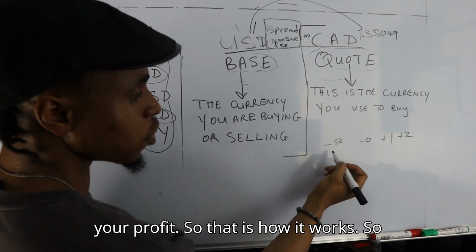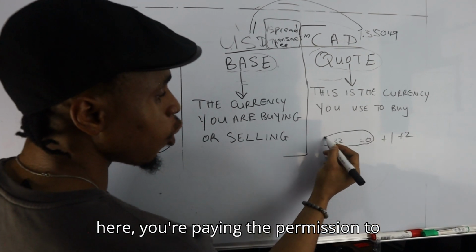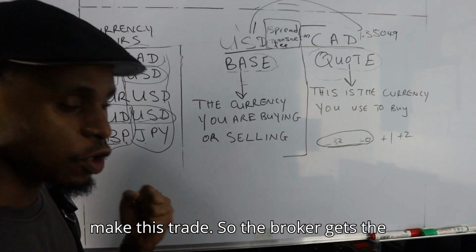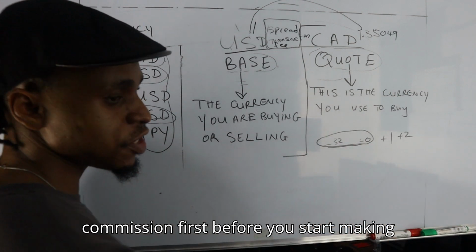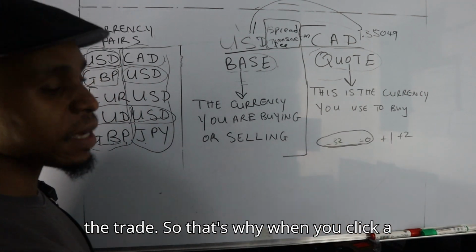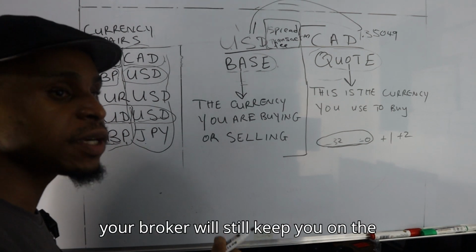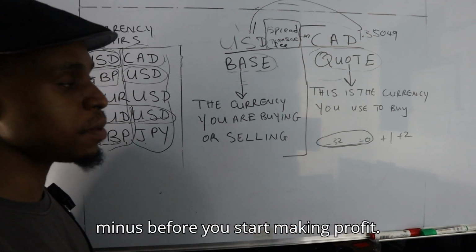So that is how it works. Here, you're paying the commission to make this trade. The broker gets the commission first before you start making the trade. So when you click a buy or a sell, your broker will still keep you in the minus before you start making profit.